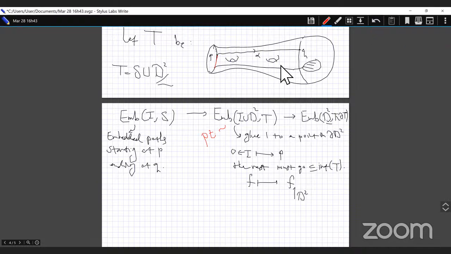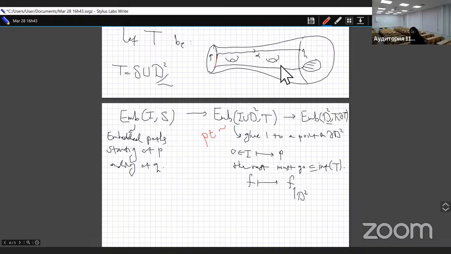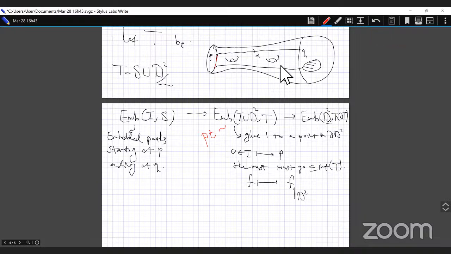Okay. And then the fiber is what? It's an embedding from I union the disk, which is fixed on I, that data is given, and then the additional freedom is what to do with the disk. And the claim is that additional data is contractible. Okay. Which also sounds plausible.